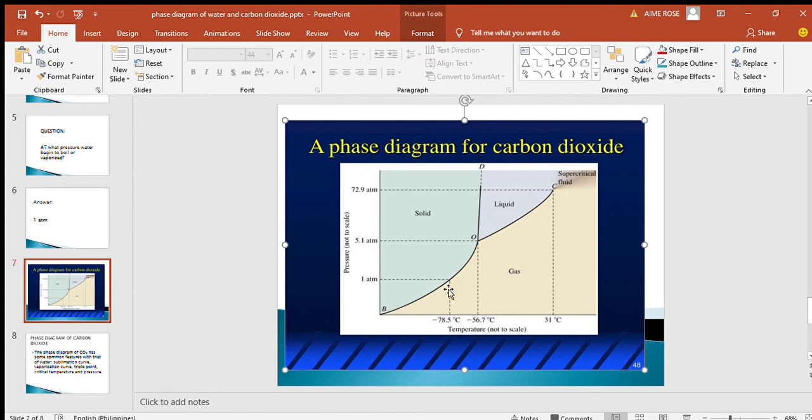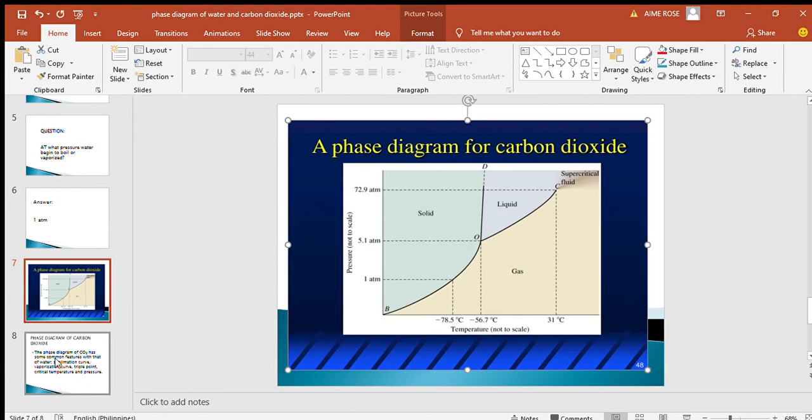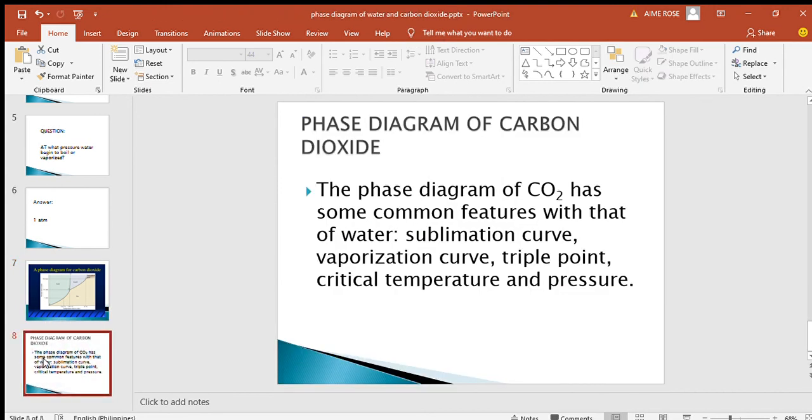So water also has this kind of diagram wherein it has a triple point. Carbon dioxide somehow also has. The phase diagram of carbon dioxide has common features with that of water, as I have said.